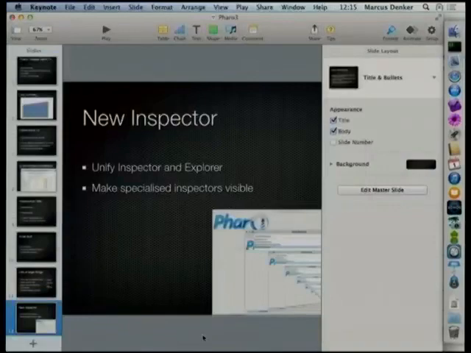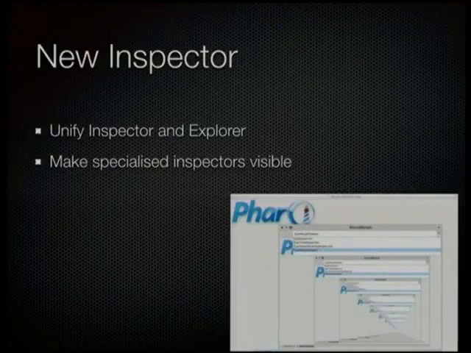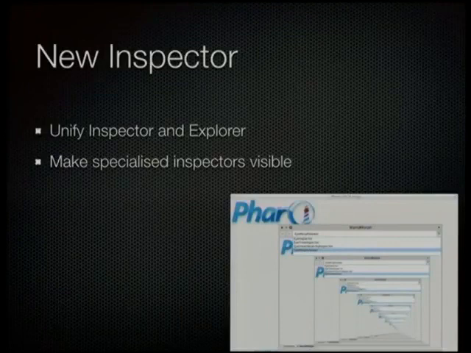And this new inspector has actually already been proven to be very interesting. It is used a lot in our virtual machine experiments to give us special inspectors for pass trees, intermediate representations, and so on.